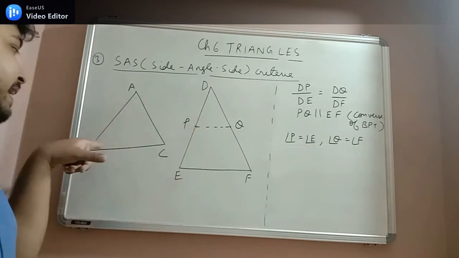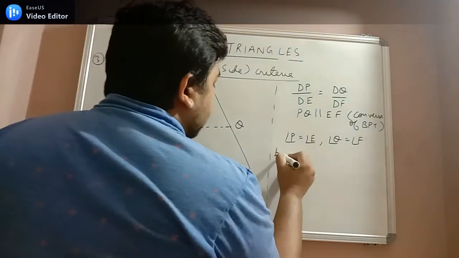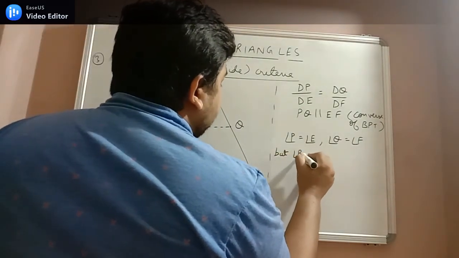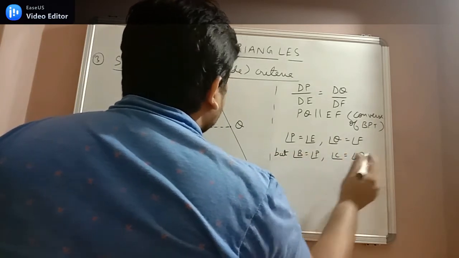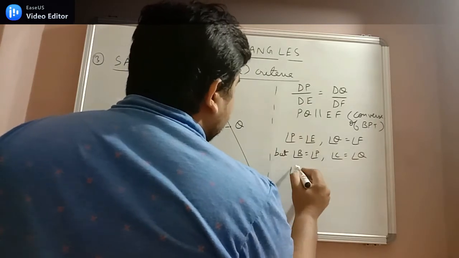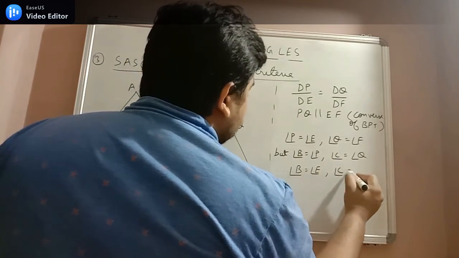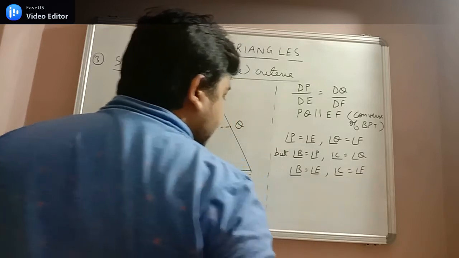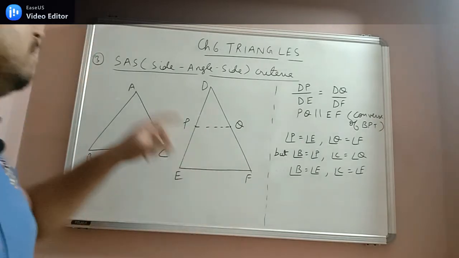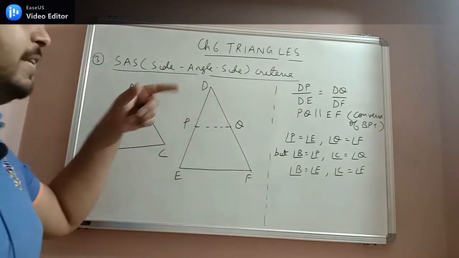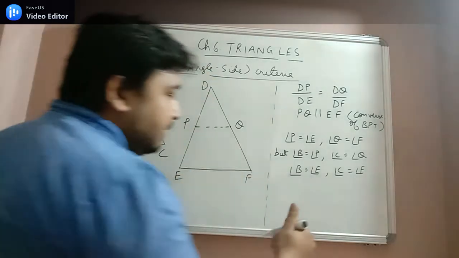But we have already proved that angle B is equal to angle P and angle C is equal to angle Q. So therefore one can say that angle B is equal to angle E and angle C is equal to angle F. So once I prove angle B equal to angle E and angle C equal to angle F, we already have angle A equal to angle D, which is given. So one can say that triangle ABC is similar to triangle DEF.